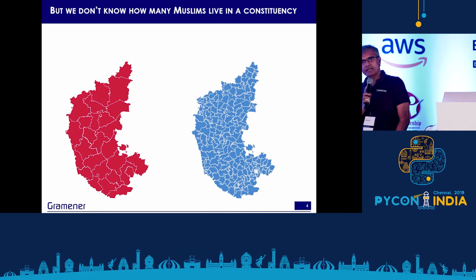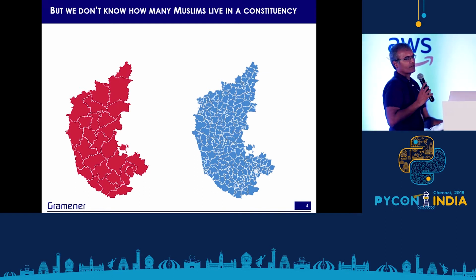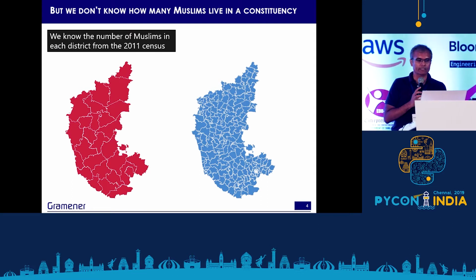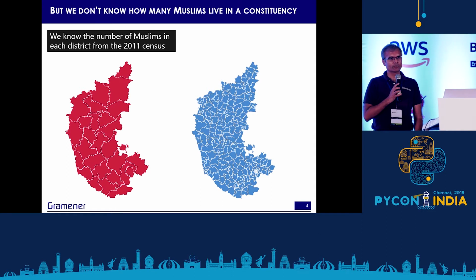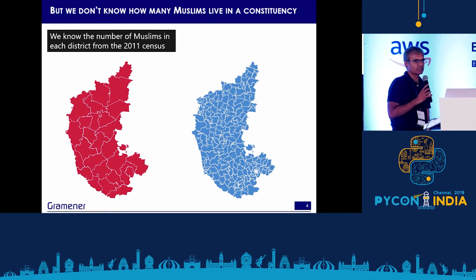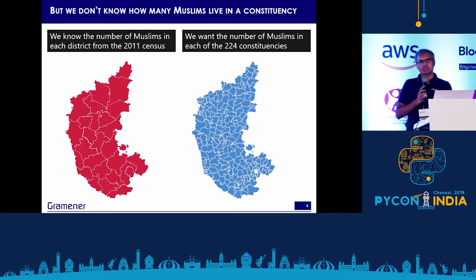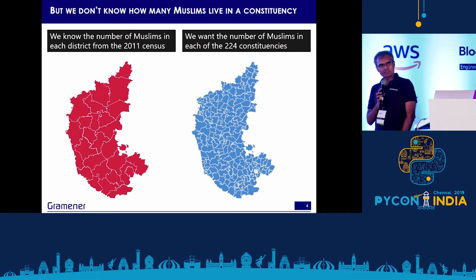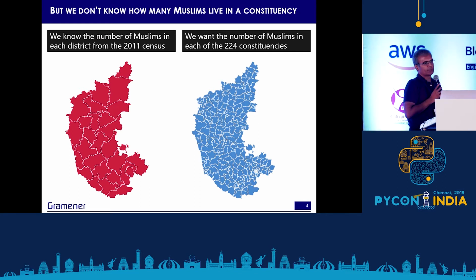The thing is that the proportion of population by religion is available only at the district level or the village level, depending on where you get the data from, and this is from the census. Unfortunately, elections are not conducted by district, elections are conducted by constituency, and these are two very different maps.